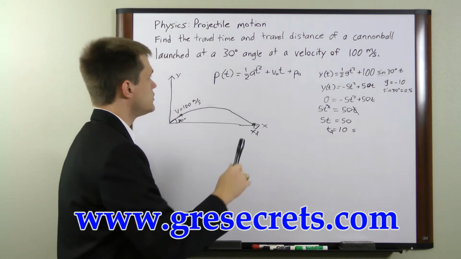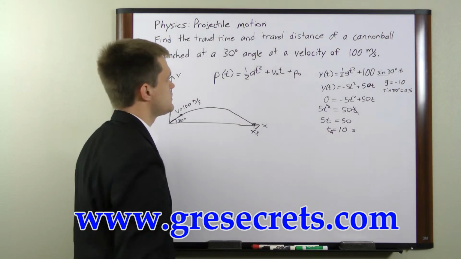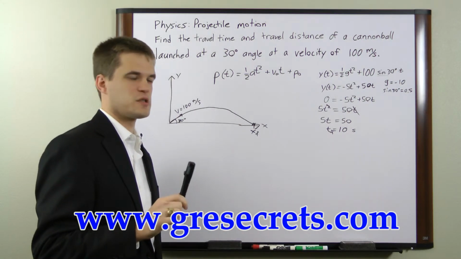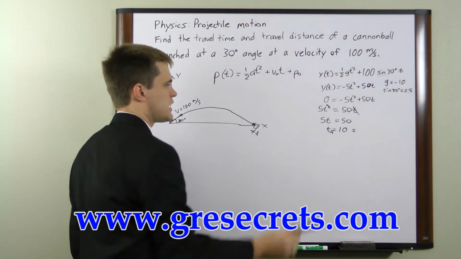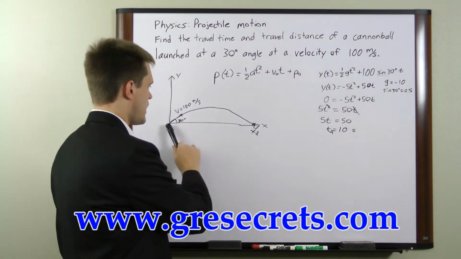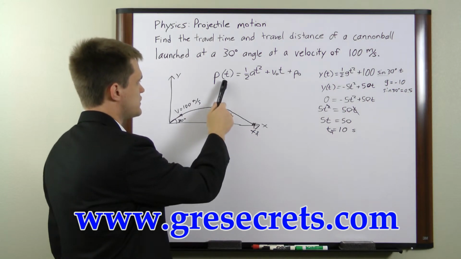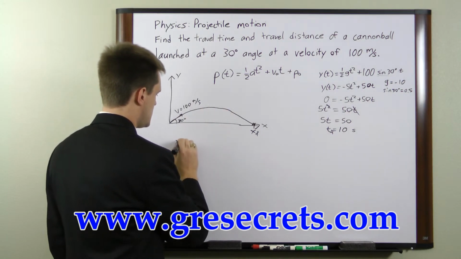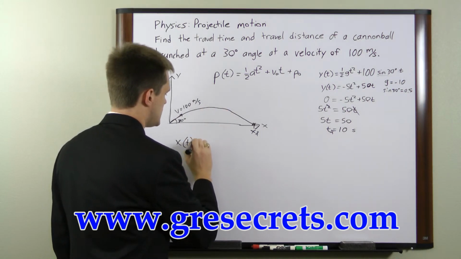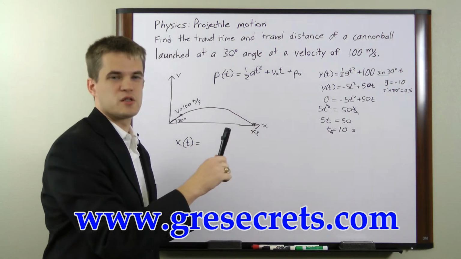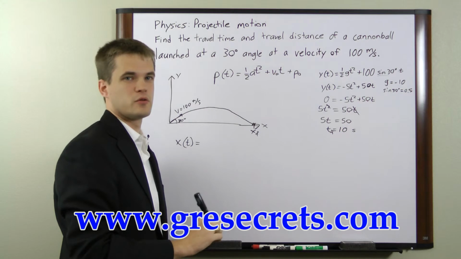Now, what we need to do still is find the travel distance. So we need to write the equation of motion in the x direction and substitute in 10 seconds to find out how far it traveled before it hit the ground. So the equation of motion in the x direction is going to be x at time t equals, there's no acceleration in the x direction because gravity only works in the vertical direction.